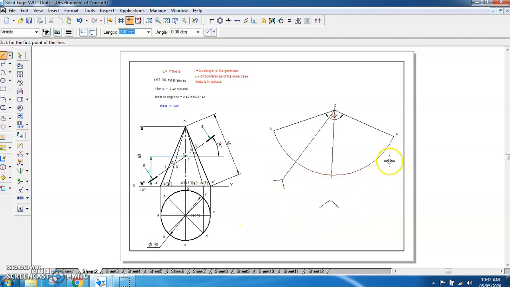Now again if you want to divide this portion, from this point you take approximately 59 or 60, whichever distance, it doesn't matter. Say now if I take 60 here, I'll cut the arc, and again from this end I'll take 60 and cut the arc like this.